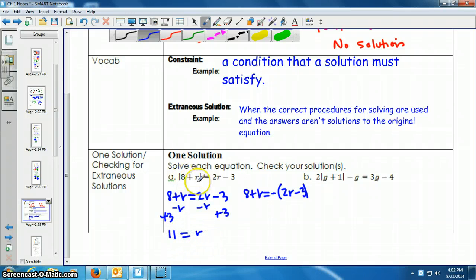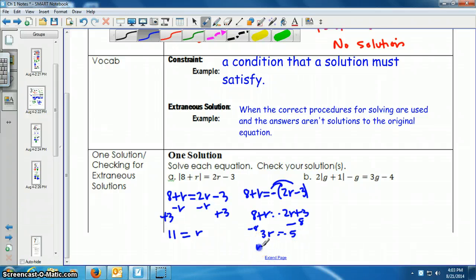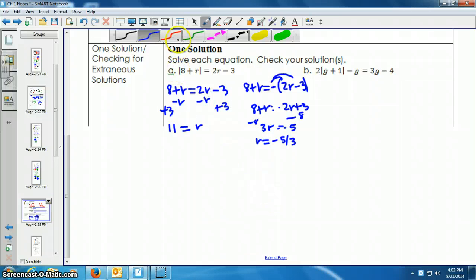Okay, there's one answer. And then over here we'd work this through, distribute first. 8 plus r equals negative 2r plus 3. And then we would add 2r, so we'd get 3r, subtract 8, and get negative 5, and divide by 3 to get negative 5/3. So here's where we plug it back in.